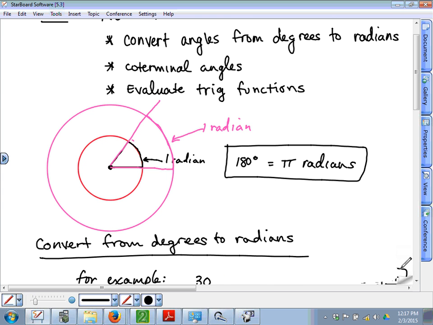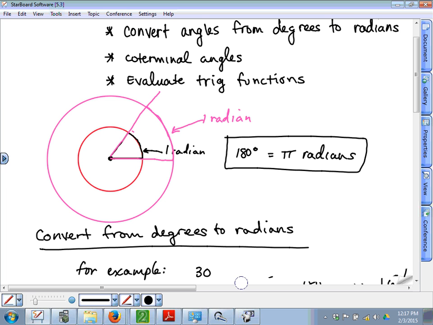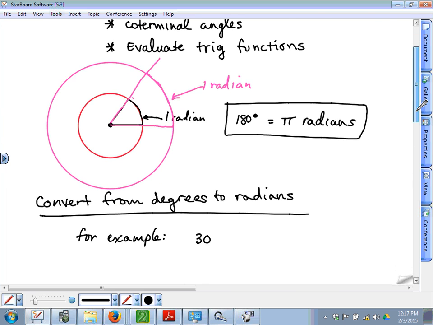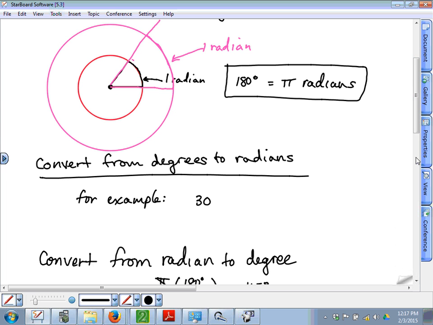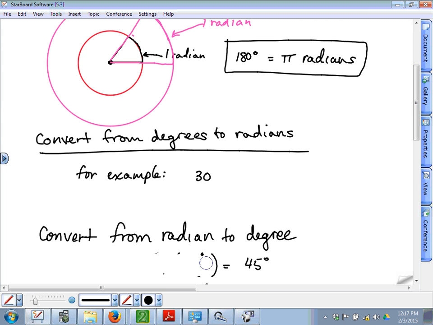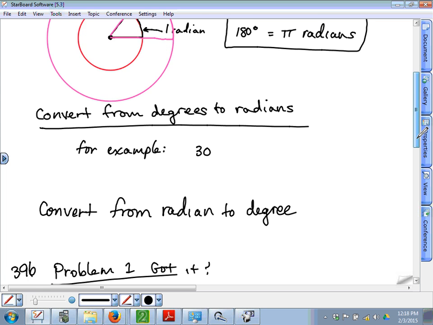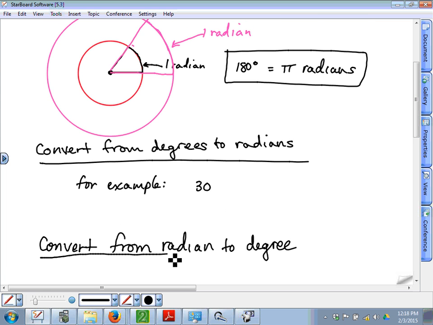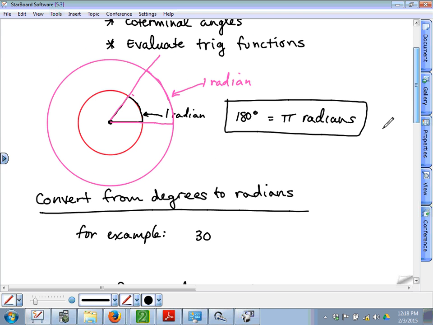So, as an example here, convert from degrees to radians. Write this down. And then in a second we'll do from radians to degrees.